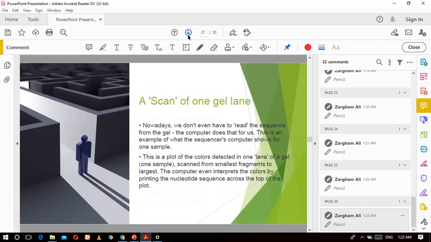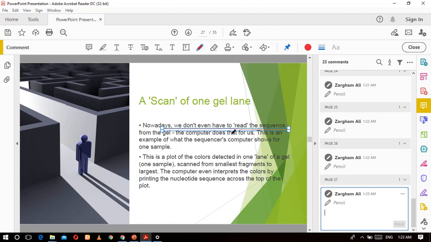The modern technology, with the use of bioinformatics, helps scientists and other communities, and has a significant role in solving biology problems. Nowadays, we don't even have to read the sequence from the gel.